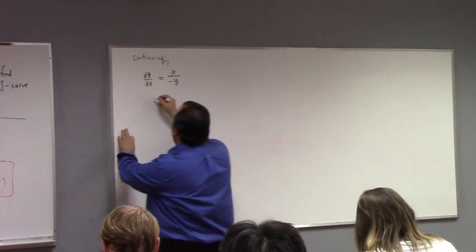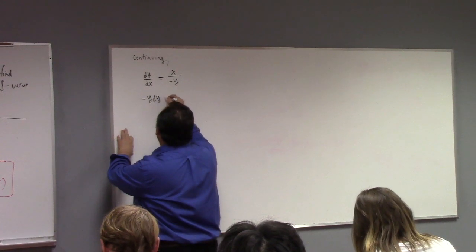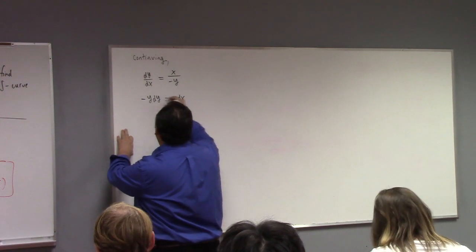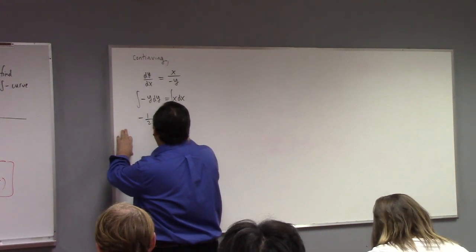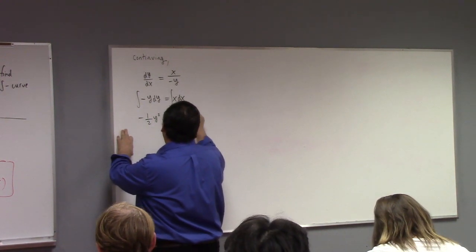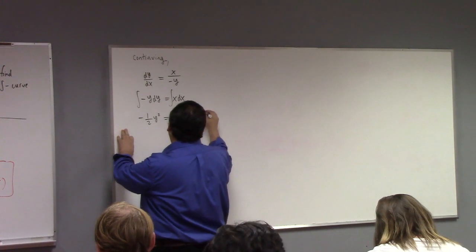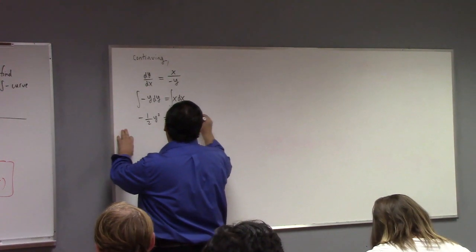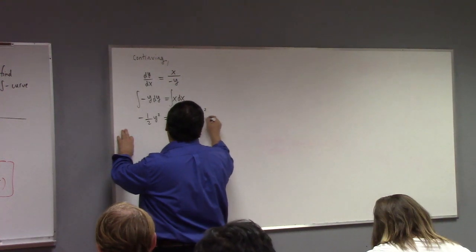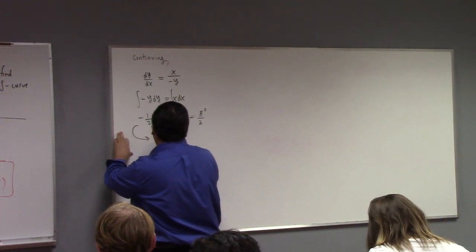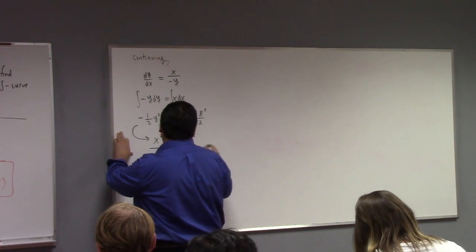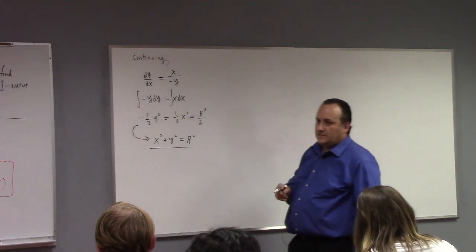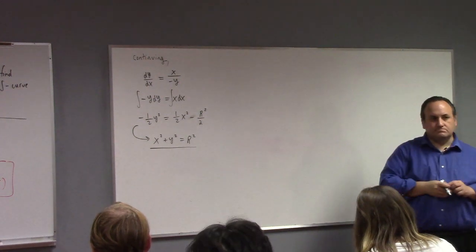We could say, aha, minus y dy is equal to x dx, separate, integrate: minus 1 half y squared is equal to 1 half x squared, plus, excuse me, minus r squared over 2, obviously, which then gives me that x squared plus y squared equals r squared. These are the integral curves of this vector field.